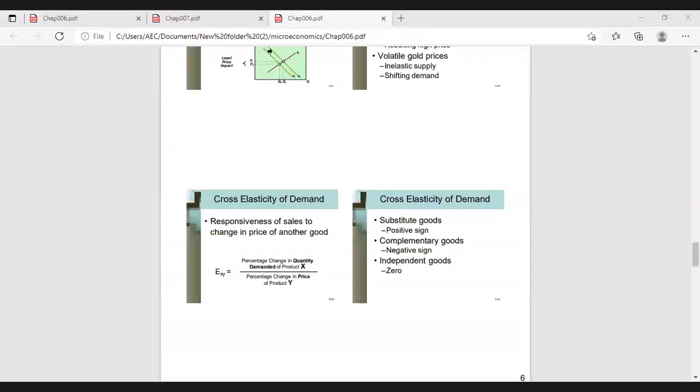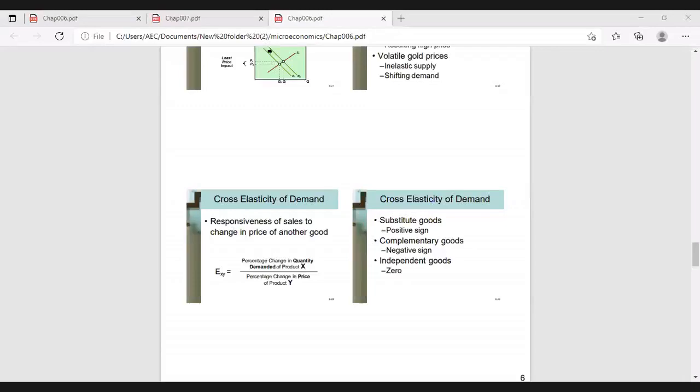Then another case. When the other commodity's price increases, this particular commodity's quantity purchased decreases. When the other commodity's price decreases, this commodity's purchases and sales increase.